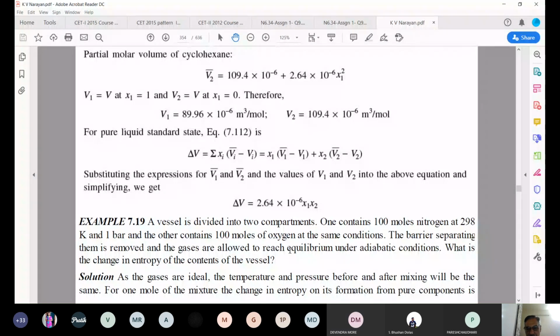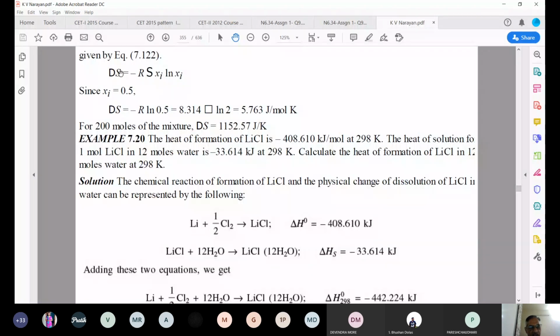Nitrogen will be 100 upon 200 and oxygen will be again 100 upon 200. So it is 0.5. Delta S is minus R summation xi ln xi, and xi we know is 0.5. If we substitute in this, we get minus R into ln 0.5.